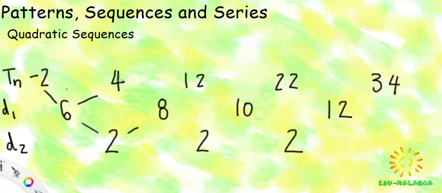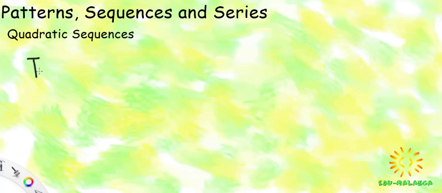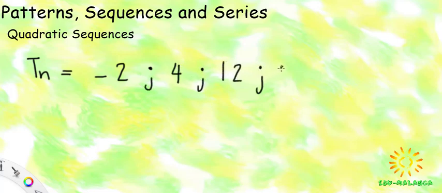So our sequence, which is the quadratic sequence, is Tn equal to negative 2, 4, 12, 22, and 34. This is our quadratic sequence.